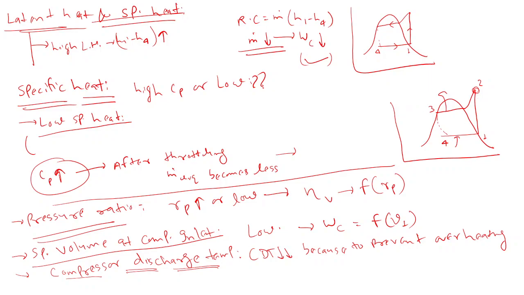That's why we don't want a high compressor discharge temperature. If it is high, then we have to provide some cooling system like water cooling. So we want compressor discharge temperature to be less.